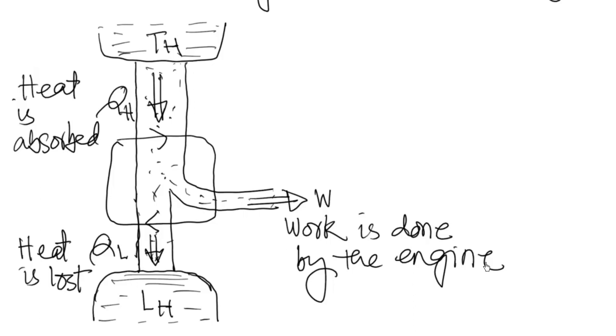We have drawn the elements of a Carnot engine. The two black arrowheads on the central loop suggest that the working substance is operating in a cycle as if on a PV plot. Energy QH is transferred as heat from the high temperature reservoir at temperature TH to the working substance. Energy QL is transferred as heat from the working substance to the low temperature reservoir at temperature TL. Work W is done by the engine, actually by the working substance, on something in the environment.